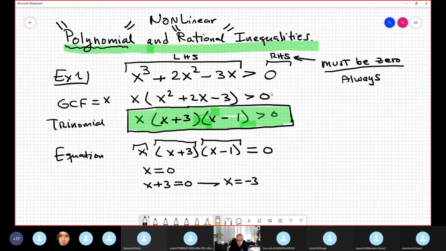And the last factor x minus 1 is equal also to 0. x is equal 1. And let me copy here: x equals 0, in column like that, much better for me. And this guy is important, is called critical.